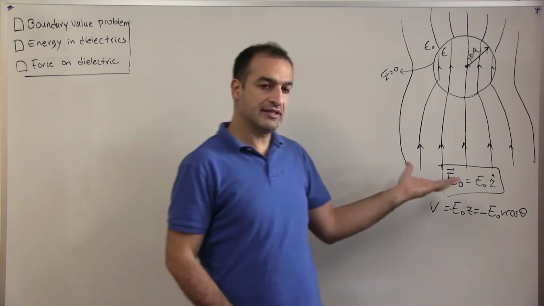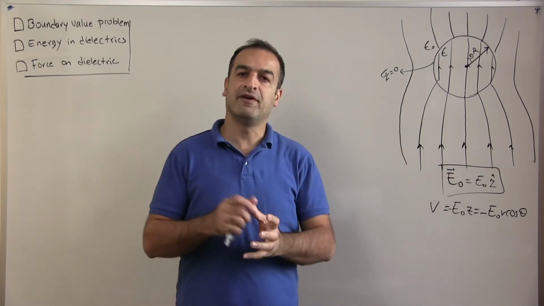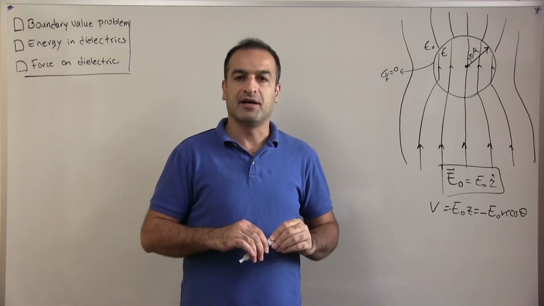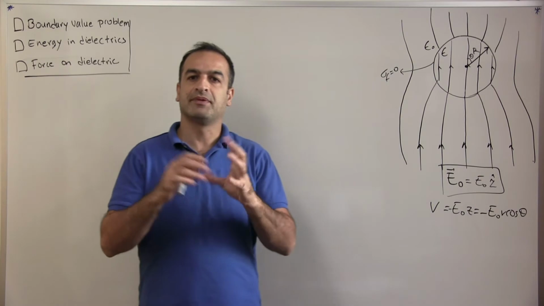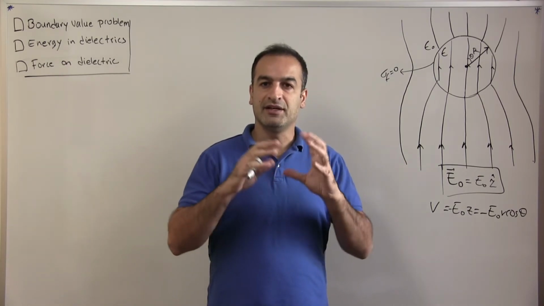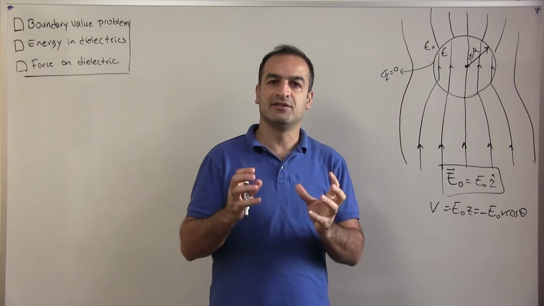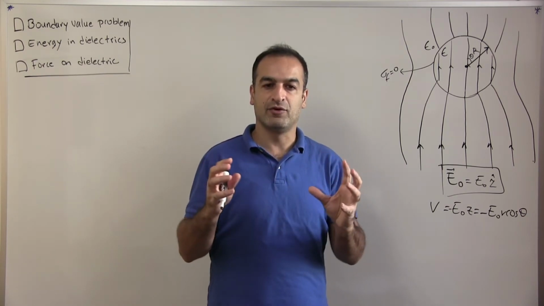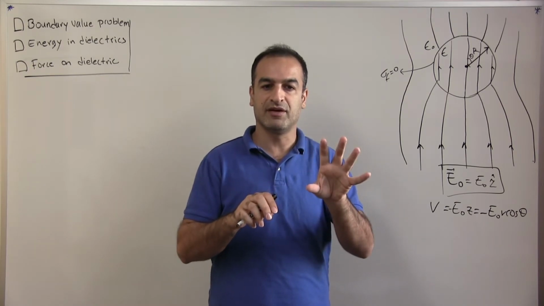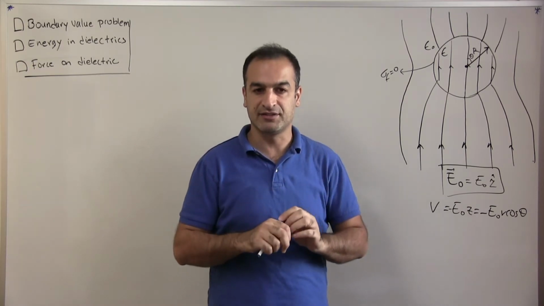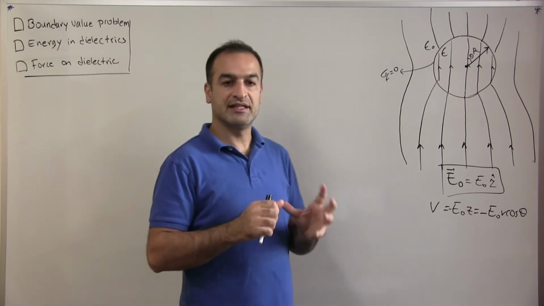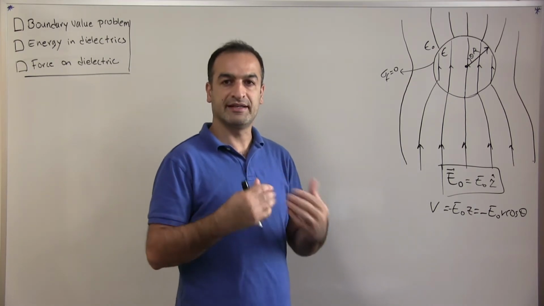So what we started on this one is we followed the topic of separation of variables that we started in chapter 3. We looked at the solutions that have the form of two functions multiplied by each other. One is only a function of the radius, the other one is a function of theta. Okay, so that was the general way we looked at the potential function inside and outside.